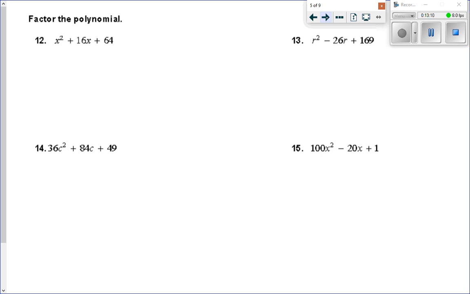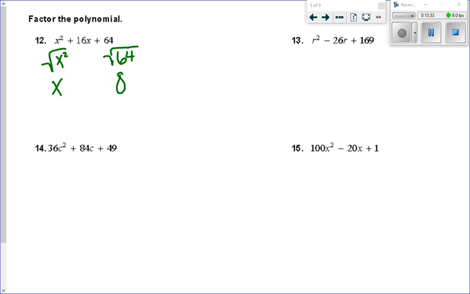So we're checking. We see, all right, we've got some perfect squares on each end. Oops, almost put the answer in there. We've got some perfect squares on each end. Well, we know that the square root of x squared is x, and we know that the square root of 64 is 8.